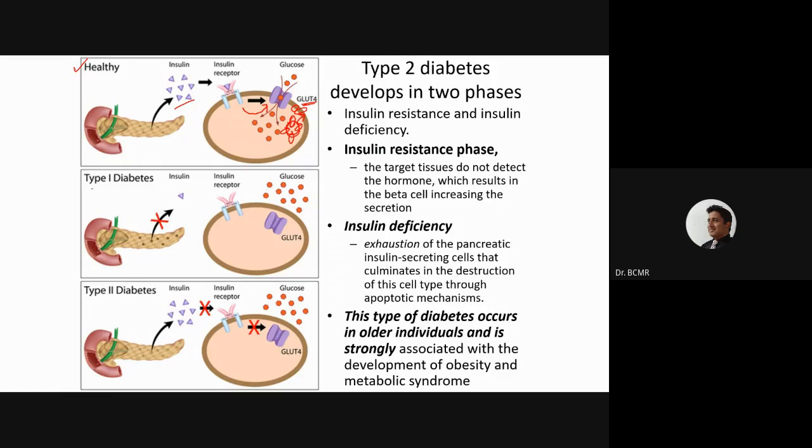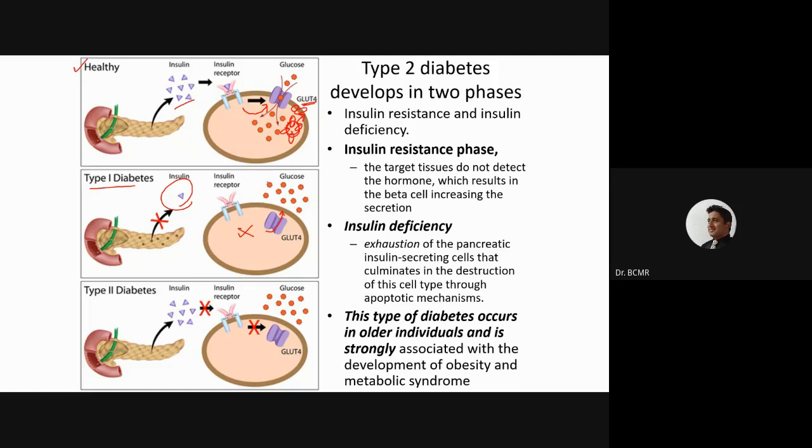So in type 1 diabetes, as we said before, there is destruction of beta cells. There is no insulin or less insulin, because of which there is no stimulation of the cells, and therefore the GLUT4 vesicles do not fuse, so the glucose is not taken up.